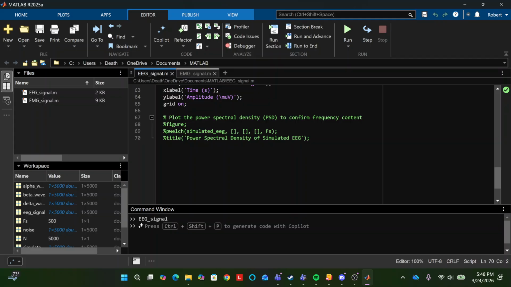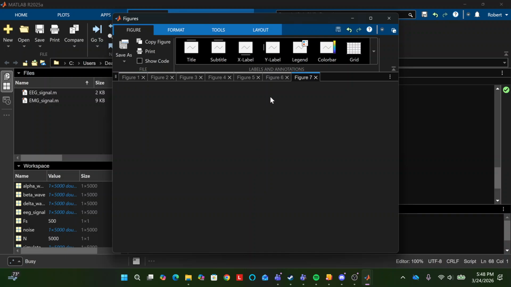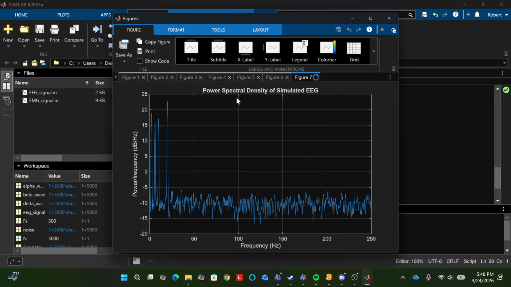So if I do a spectral density of the simulated EEG, which kind of shows us what we're doing here, we can go ahead and run this. And what we have is a PSD. Our PSD is going to be something like so. This is our spectral density of the simulated EEG, so our PSD.